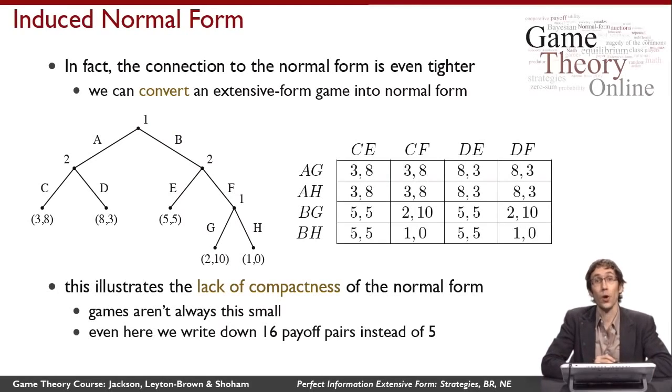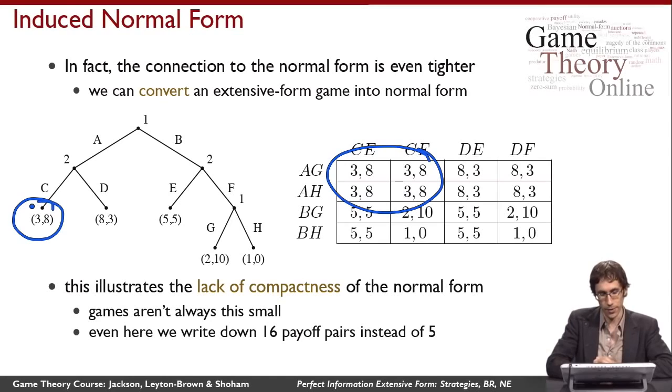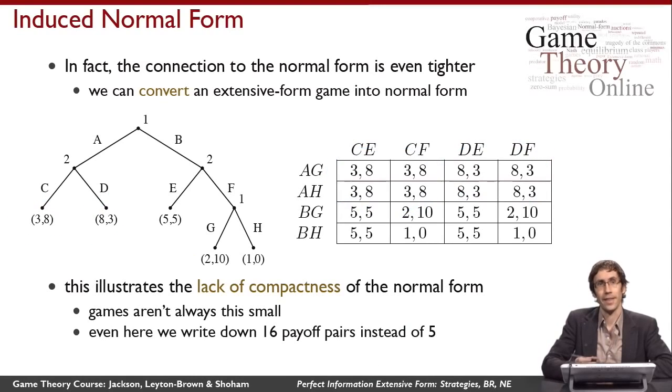Now, one thing to notice about this induced normal form is that it has more numbers in it than there are leaf nodes in the extensive form. You'll notice there are repetitions. So, for example, 3.8 gets repeated 4 times here, even though it only corresponds to 1 payoff value. Similarly, 8.3 gets repeated 4 times, even though it only corresponds to 1 payoff value. And that's not an accident.